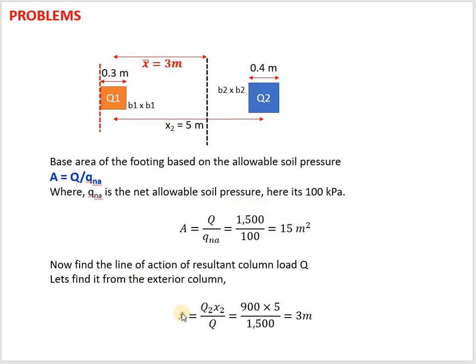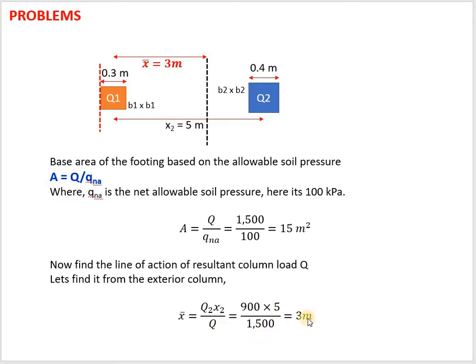So for that you use this expression. You find it from the exterior column. Just take moment about the exterior column, or just take moment about this center point where this Q1 is acting. So you get x bar is equal to Q2 x2 by Q. We have Q2 900, x2 is 5, already the spacing is given, and then Q is 1500.